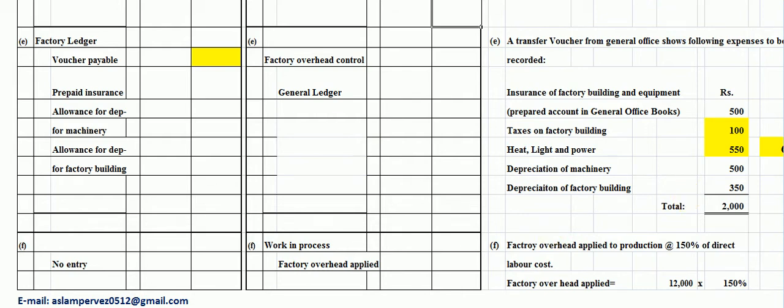Students, in the books of head office, factory ledger should be debited with the whole amount, 2,000 rupees here, and voucher payable is the sum of taxes on factory building, heat, light and power, which is the amount of 650 rupees, and prepaid insurance is the amount of 500 rupees.